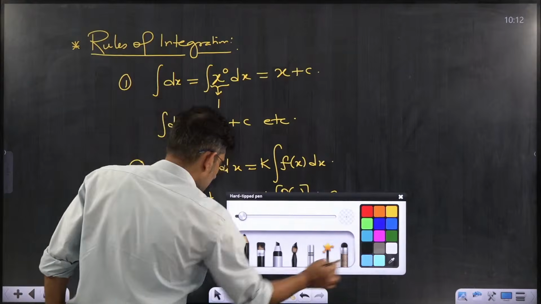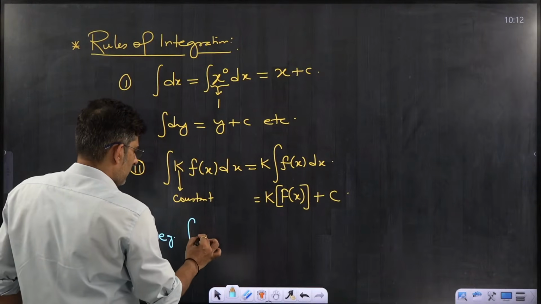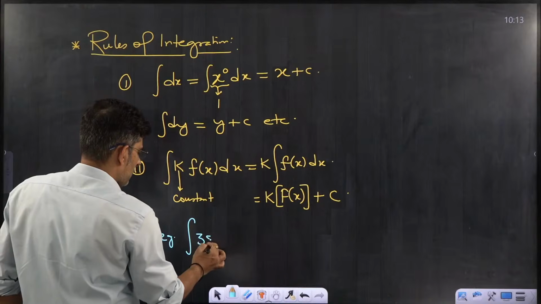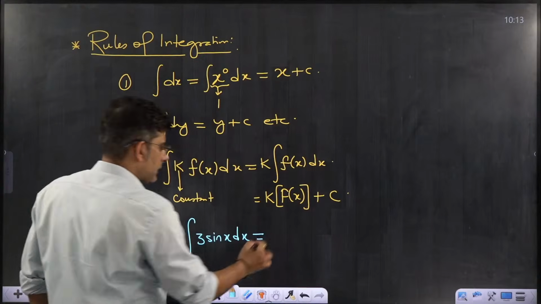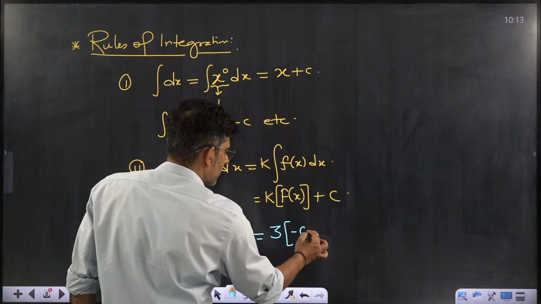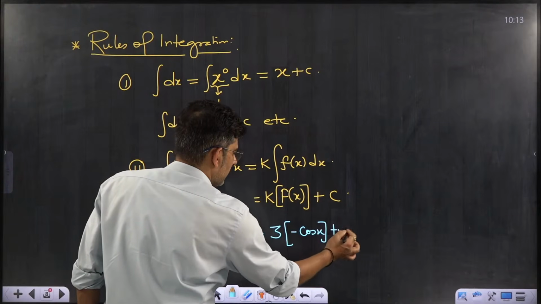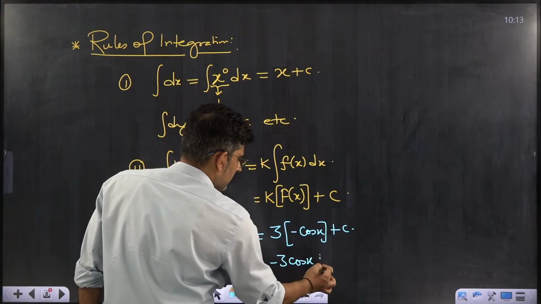So if a constant is multiplied, you can directly take it outside. Example, if you see integration of 3 sin x dx, you will take 3 outside and integrate sin x. Sin x integration we know is minus cos x plus c. So you will get minus 3 cos x plus c.